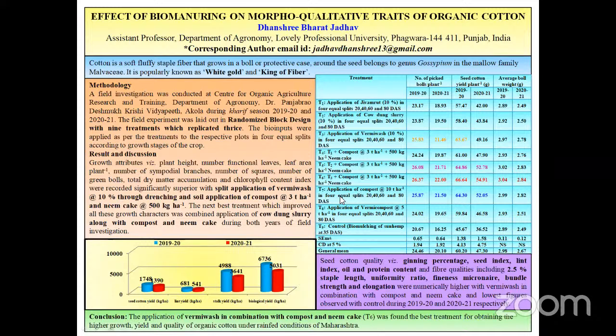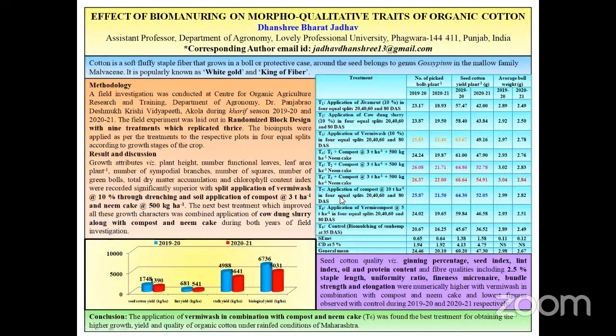In case of yield parameters, the number of picked bolls per plant and seed cotton yield per plant showed a significant difference among the 9 different treatments. The number of picked bolls per plant was 26.37 and 22 during 2019-20 and 2020-21 respectively. Also, the seed cotton yield per plant was 66.64 and 54.91 grams during both years of field experiments.